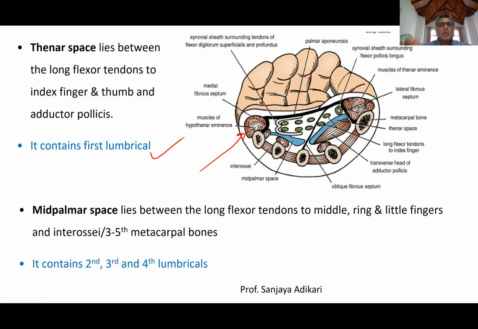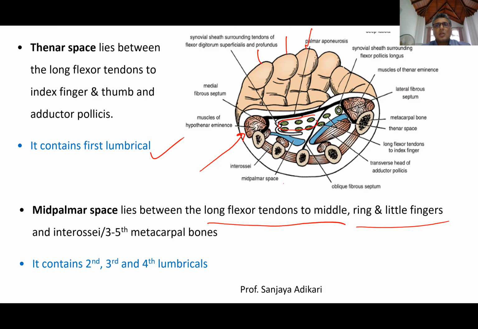Similarly, the mid-palmar space lies between the long flexor tendons to the middle finger, ring finger and little finger. So those are these ones, and they're synovial sheaths. That is superficially.